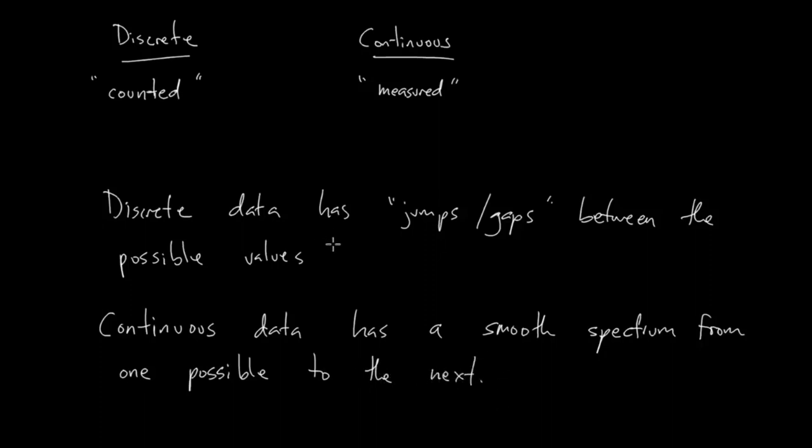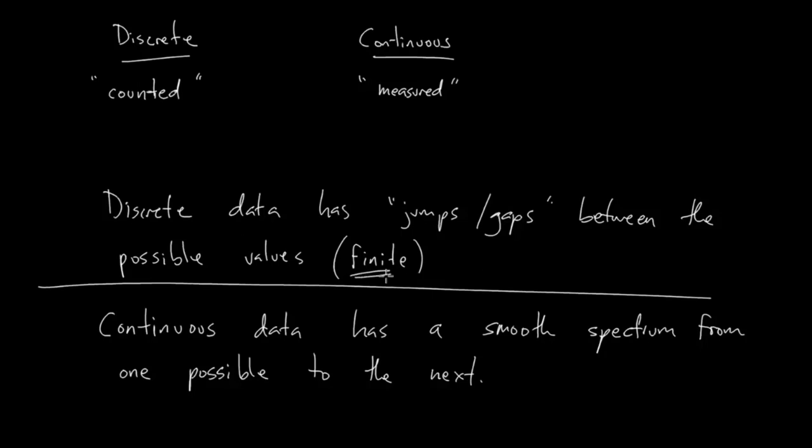One of the ways that they'll describe this in your textbook is to say that discrete data has a finite or limited number of values, whereas continuous data has an infinite number of values. Oops, I spelled that wrong.